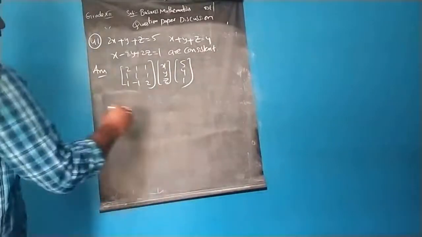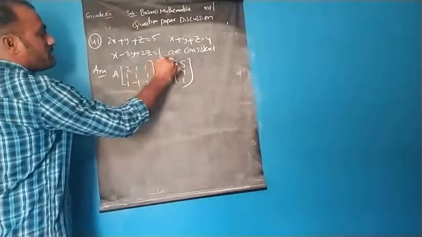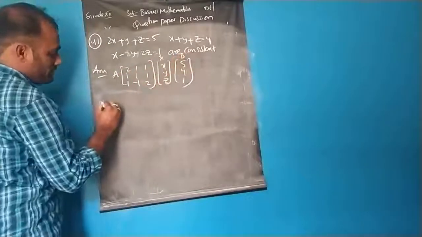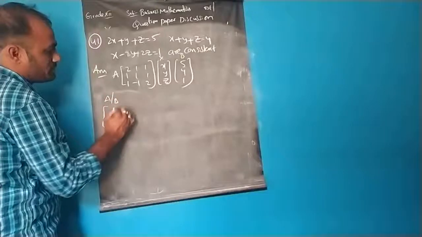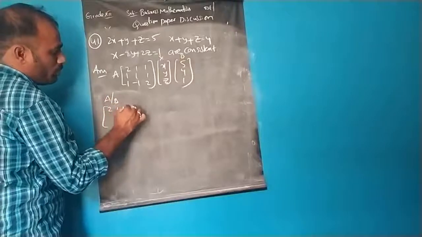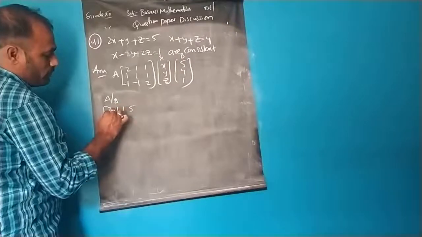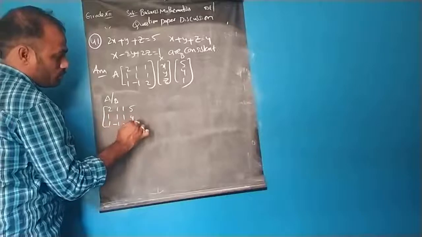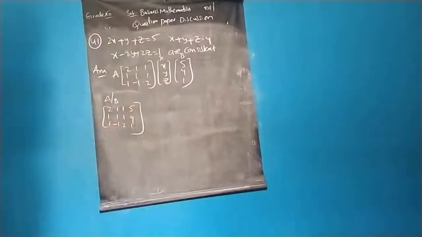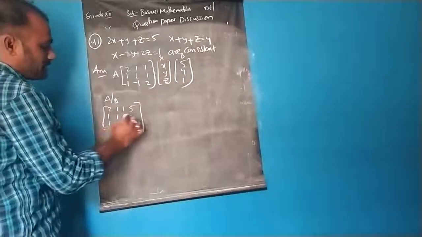Now this is matrix A, this is matrix X, this is matrix B. So first let me write the augmented matrix, that is the A by B matrix, which is 2, 1, 1, 5, 1, 1, 1, 4, 1, minus 1, 2, 1. So this is the augmented matrix.